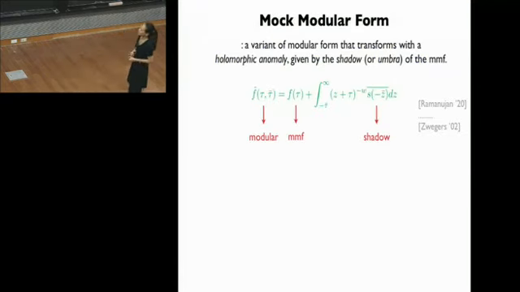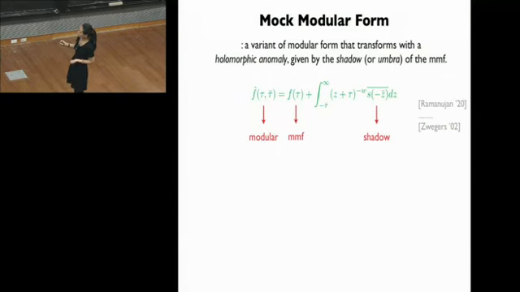You can think of it as a variant of modular form that transforms with a so-called holomorphic anomaly that is controlled by a function called the shadow of the mock modular form. Its definition is given in this way.